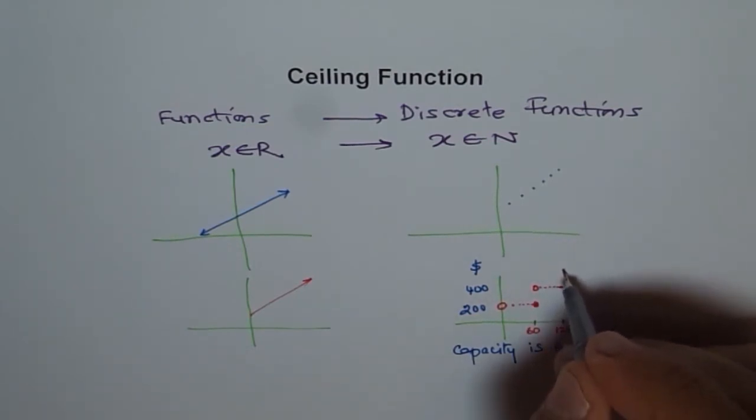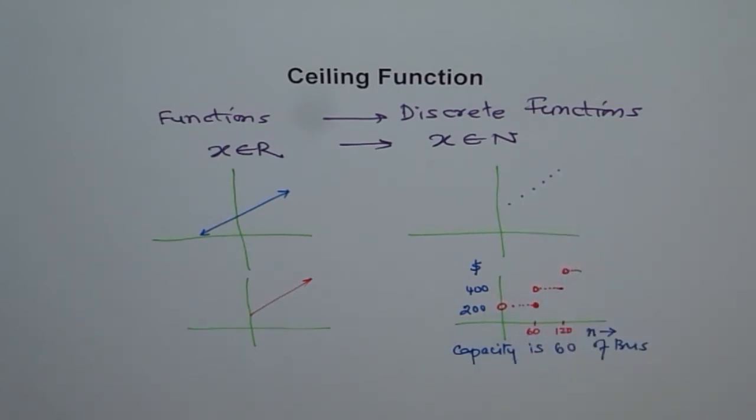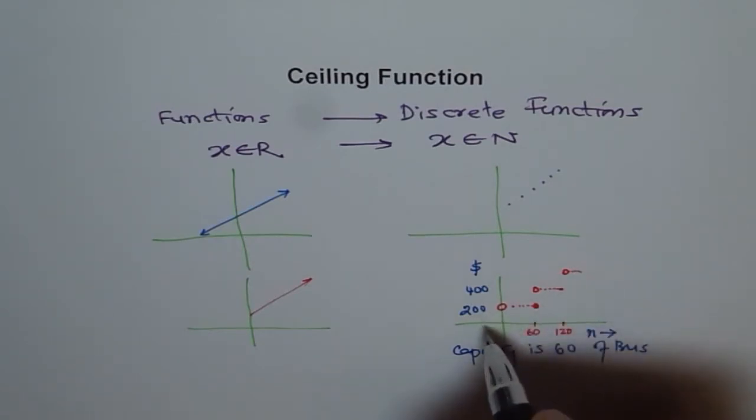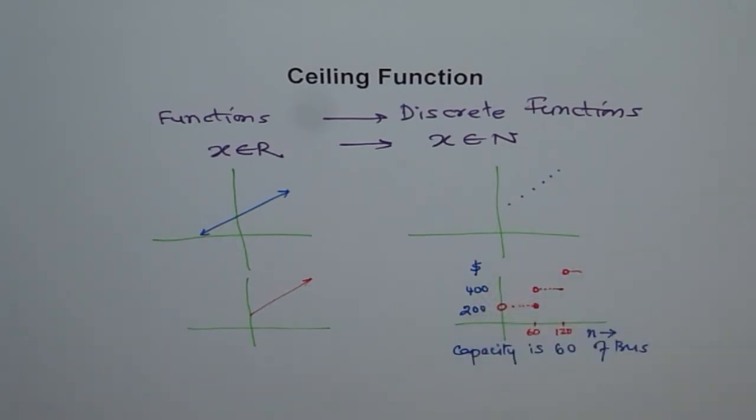Well, not much, we have got 1,000 students. Anyway, what we see is these kinds of lines coming up, right? For every additional 60 students, we need additional school buses. And now we can pay 200, 400, 600, and so on.